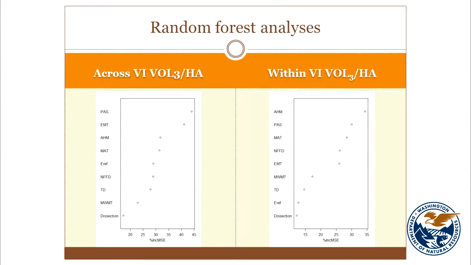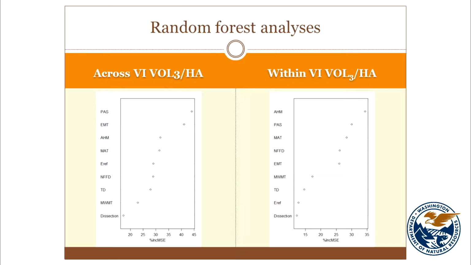And so one of the outputs that random forest models give you is a variable importance measure. These are the variable importance measures for the across and the within program data sets, and for stand volume at measurement 3. In the top 3 for both, we see precipitation as snow and annual heat moisture index.